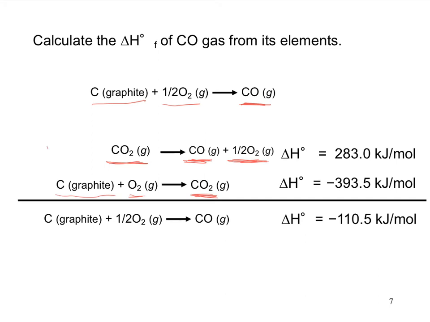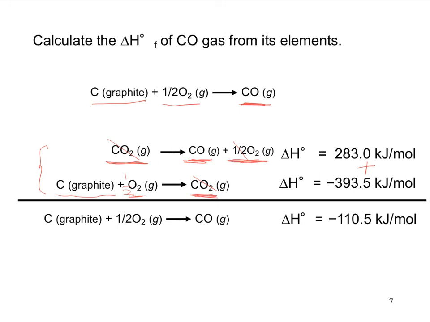So if we sum these 2 reactions, we can cancel carbon dioxide and cancel half of the oxygen molecules. Of course, we need to sum the enthalpy of these 2 reactions.